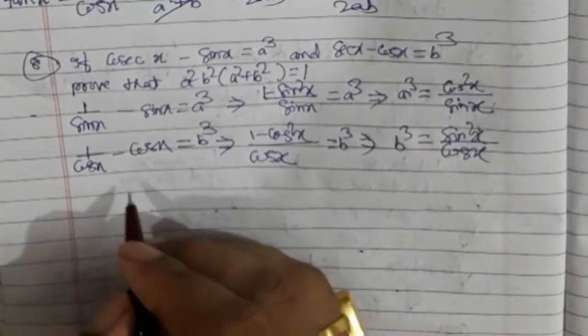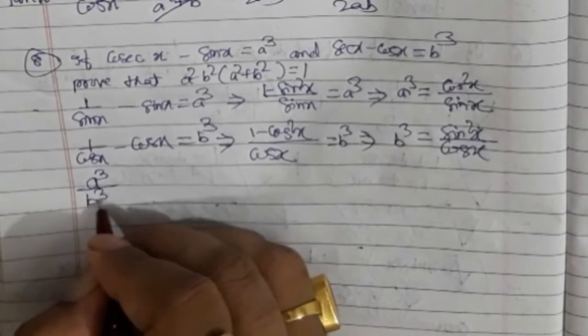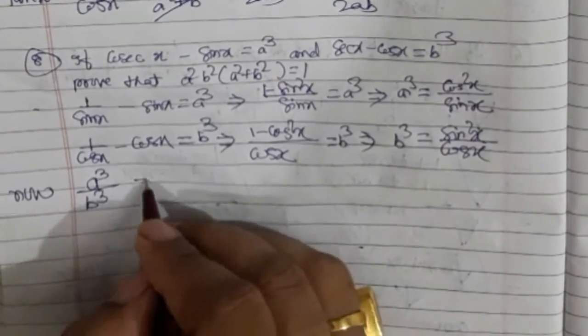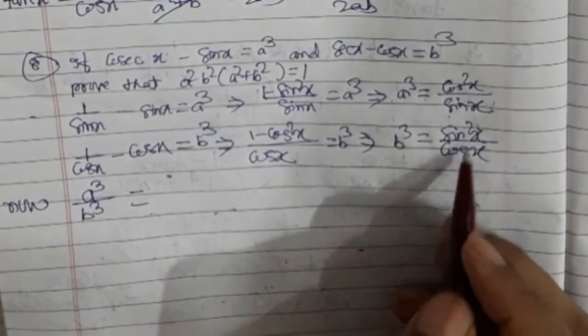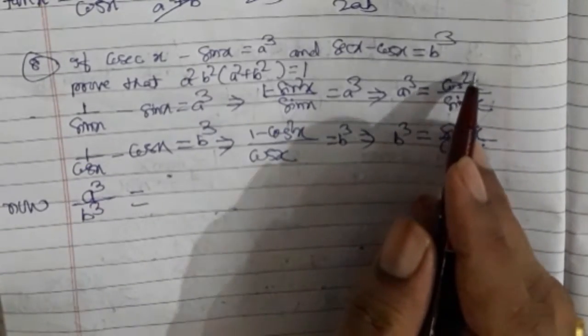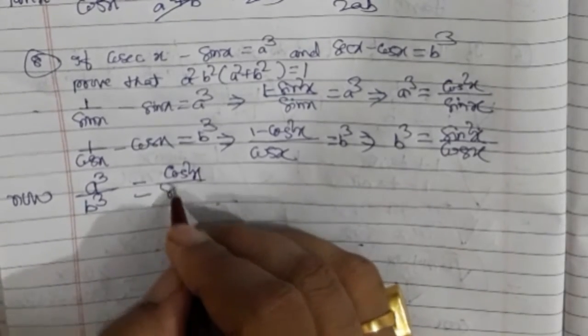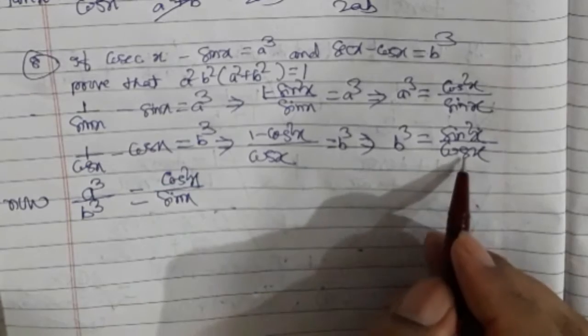From this we can write a cube by b cube is equal to cos square x by sin x. Let's write cos square x by sin x divided by b cube. B cube is equal to sin square x by cos x.